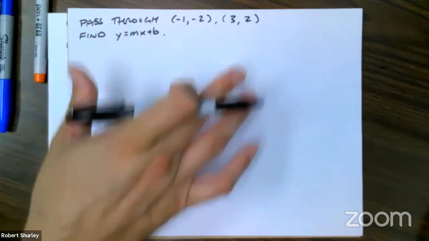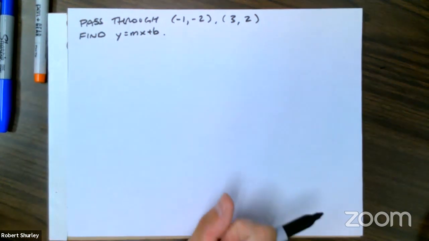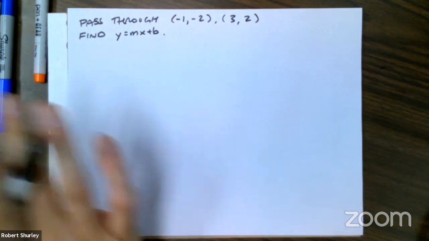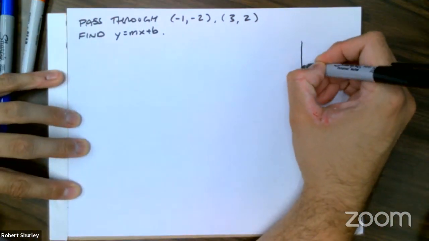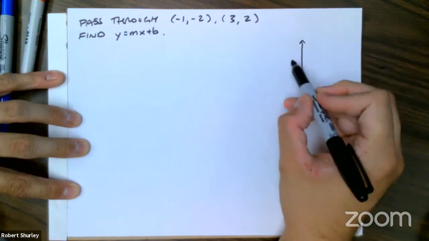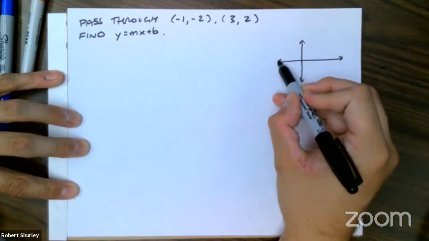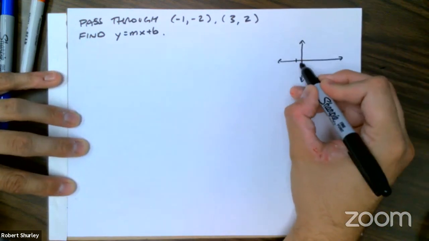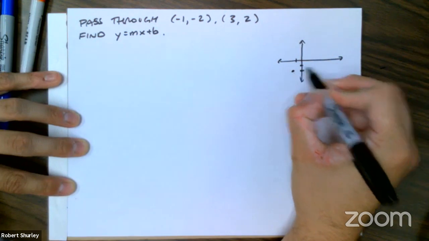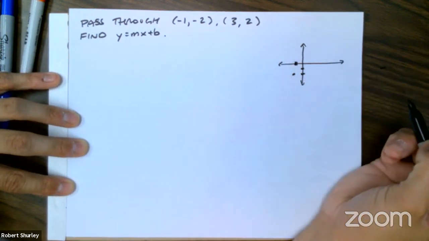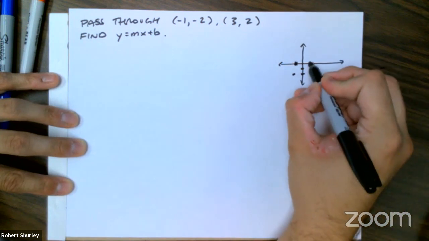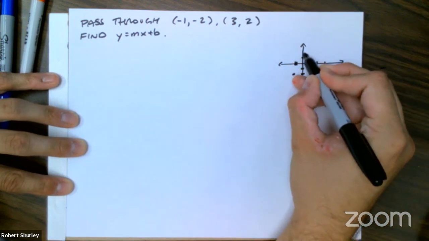Now, before I start down this path, I'm going to graph this and show you how this all relates together. So I'm going to graph this over here. -1, -2. I know it goes through that coordinate, and then 3, 2. 1, 2, 3, then up 2.